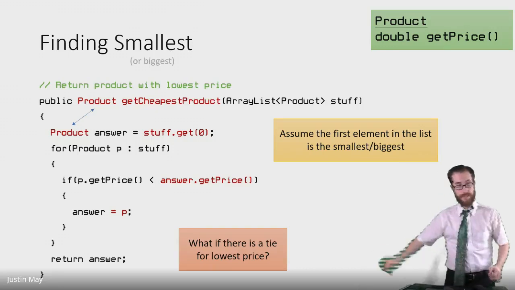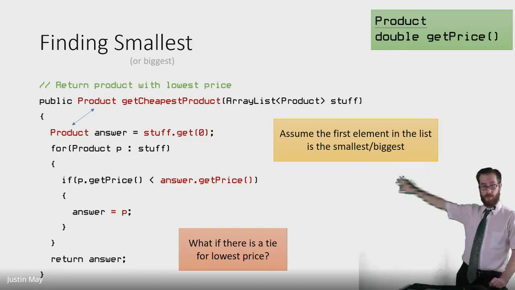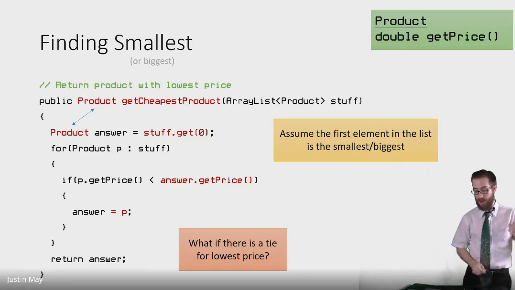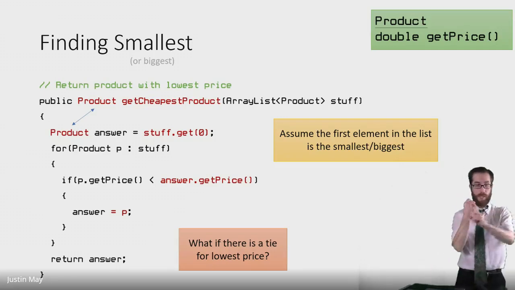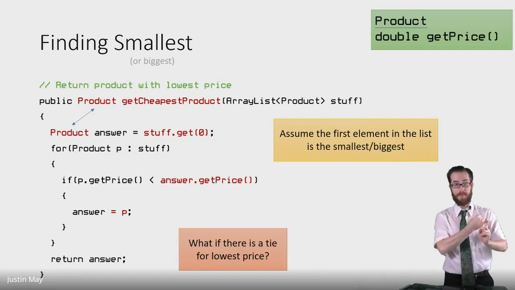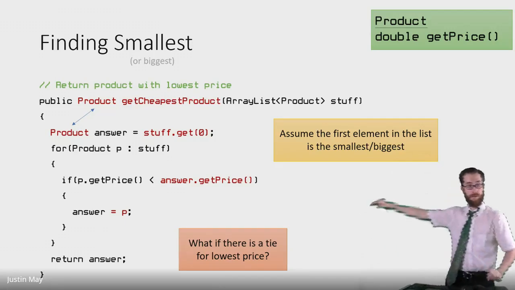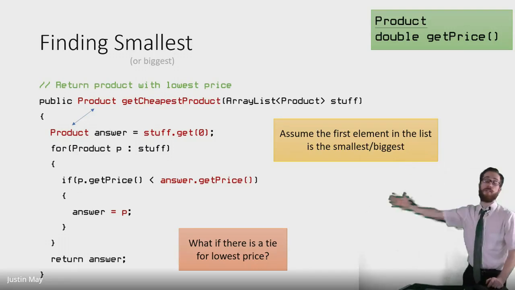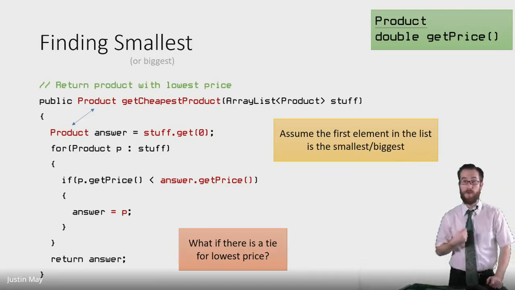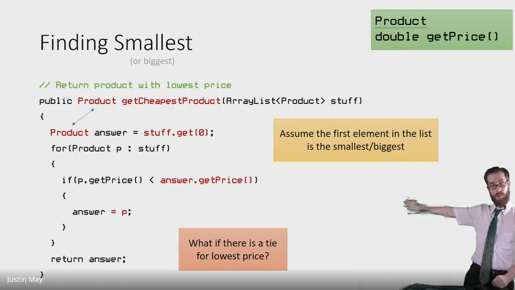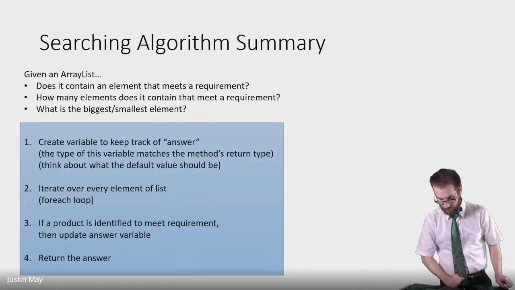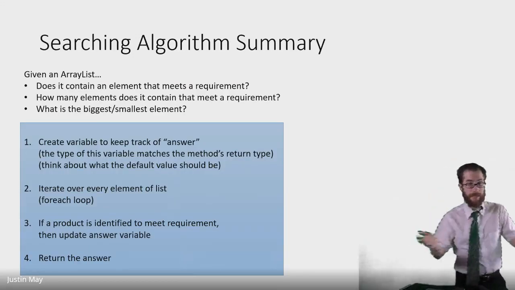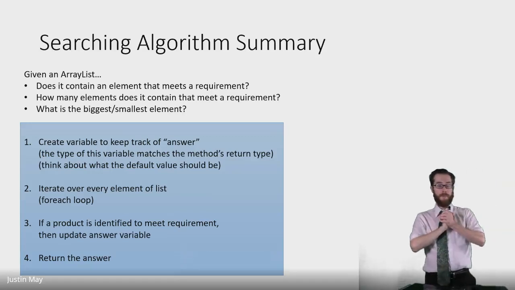So if you learn this algorithm, if you memorize this structure here, whenever you have a problem where you're looking for something in a list that meets a requirement, or you're counting how many things meet a requirement, or looking for the biggest or smallest thing, it's just how fast can you write this down. There's very little you have to think about if you know the algorithm. And that's it. That's how you search a list for something.